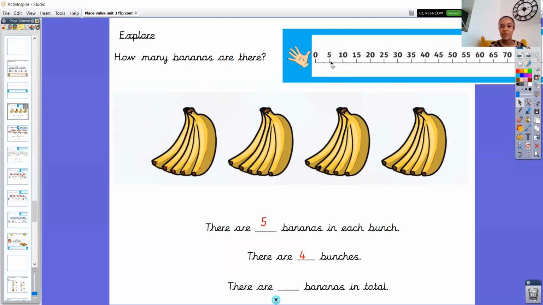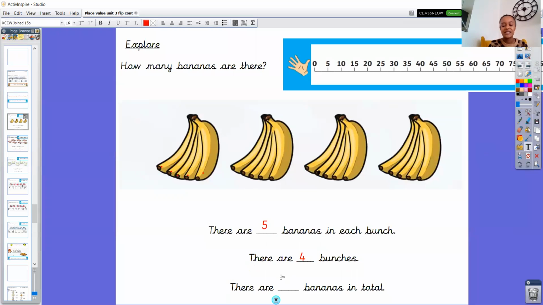Can you see that on the number line? 5, 10, 15, 20, and you could use your fingers as well, because you know there's 4 bunches, you know there's going to be 5 in each one, so you could count in your fives using your fingers. 5, 10, 15, 20, and that gives us the same answer. So there are 20 bananas in total. If we counted them 1, 2, 3, 4, 5, 6, 7, we would get to the same answer, but it would be much quicker to count in our fives.